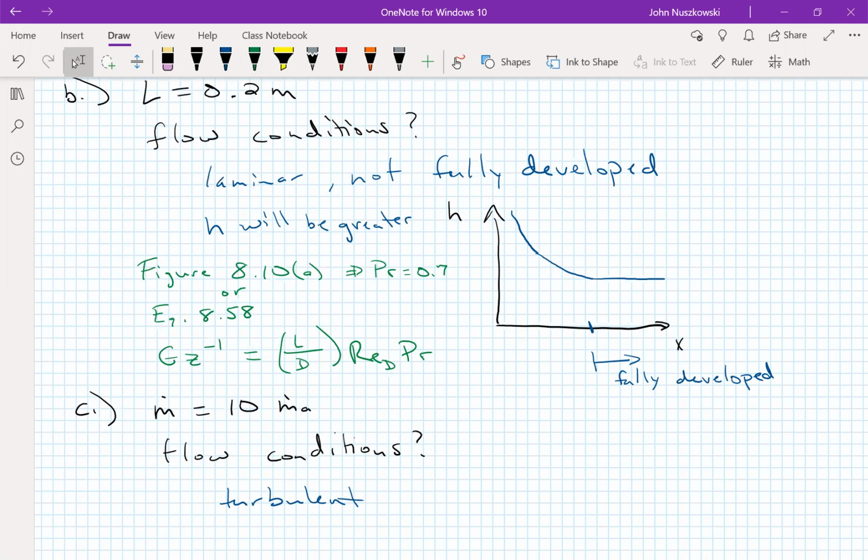We have all that extra inertia and mixing and chaos within the flow. What do we think that does to the convection coefficient? Is it lower? What was that? Sorry. Lower? No, it actually increases it. It moves that heat better, right?